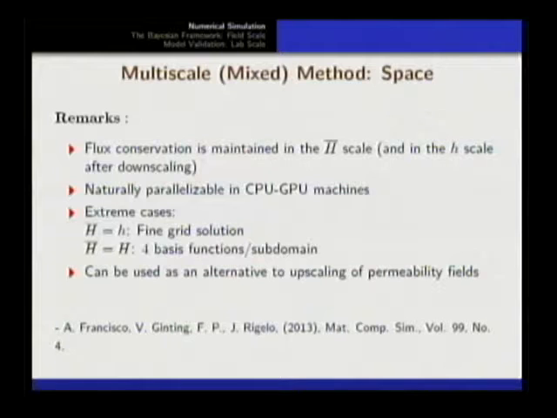So the method can be used as an alternative to upscaling if we consider some H bar smaller than capital H. So you get a better resolution, and you don't go directly to the coarsest discretization that would be close to a typical upscaling.